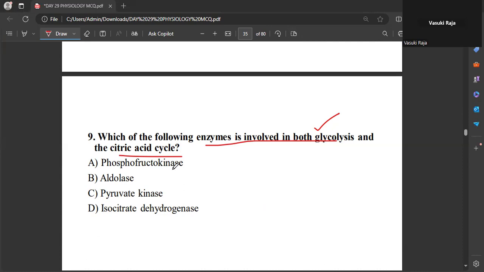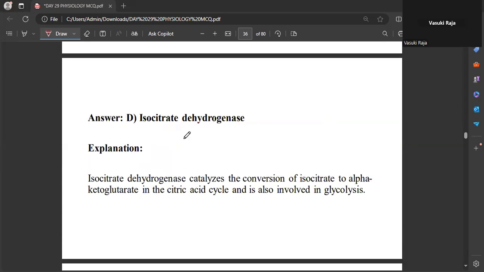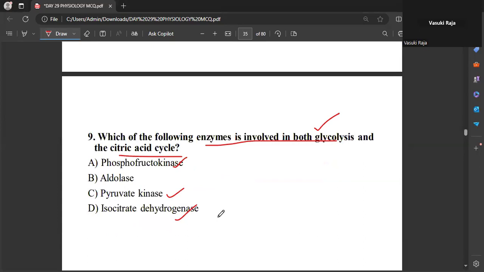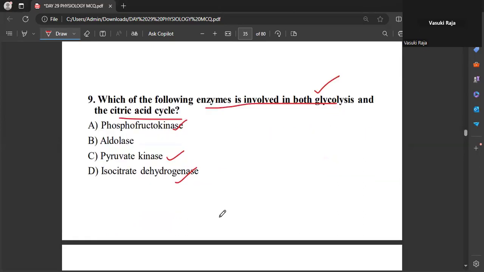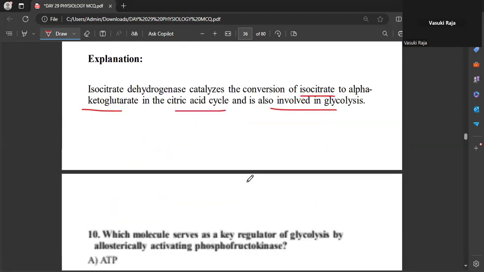If you know about all these enzymes, you can easily eliminate the options, right? See here, isocitrate dehydrogenase catalyzes the conversion of isocitrate to alpha ketoglutarate in the citric acid cycle. This is also getting involved in glycolysis. See here, the answer is aldolase. Okay, don't confuse with this answer.